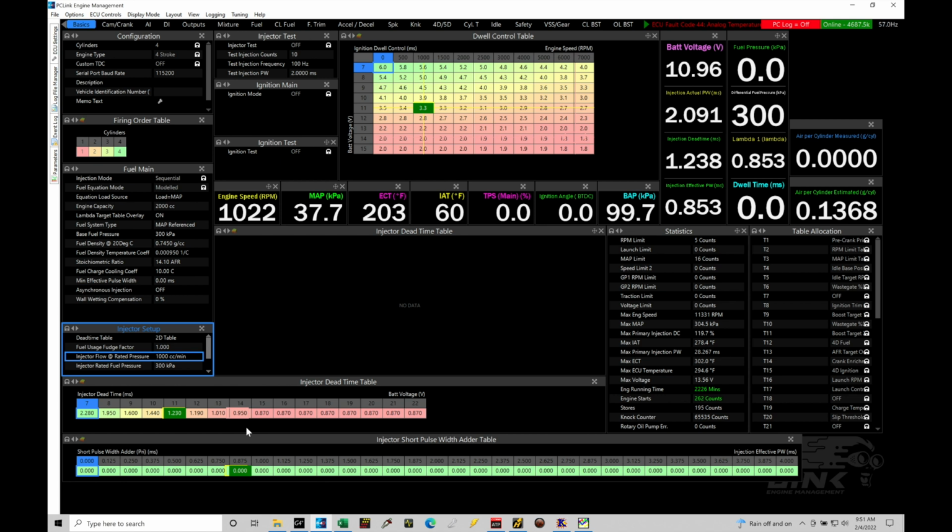So we're finding that the dead times characterize how the injectors open and close, and it makes sure that we're going in and accounting for the individual characteristics of the injector sets that you're dealing with. So the injector dead time values come from an injector data sheet from an injector manufacturer, and in this case we have values programmed in here.